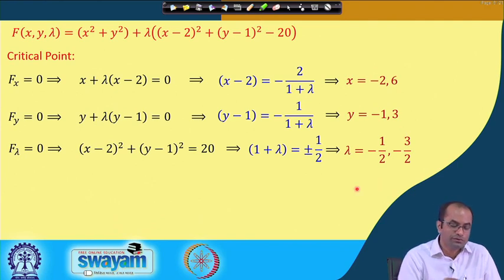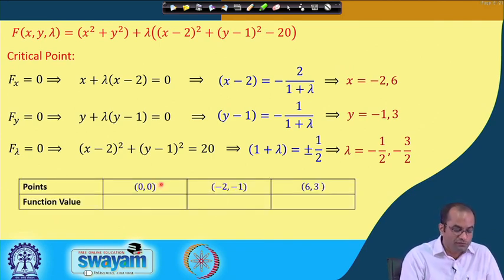So, we have the solution of this problem. So, minus 2, minus 1 and minus 1 by 2 is one point, another one is 6, 3 and minus 3 by 2. So, naturally we will take just the x y points, because we want to compute the value of the function at the x y point.